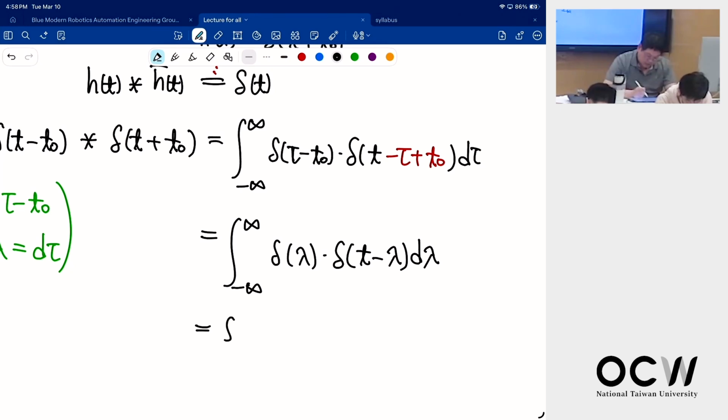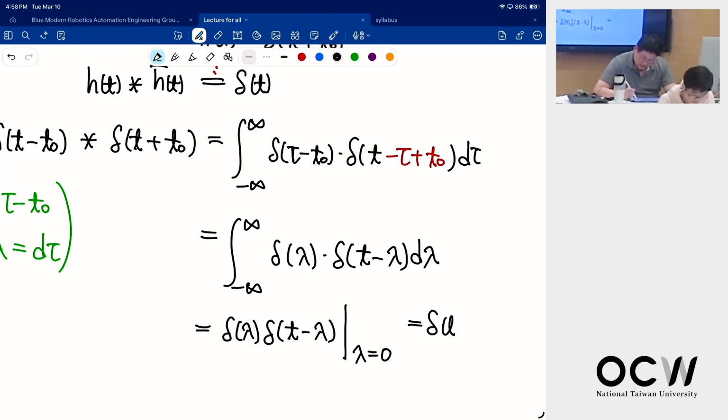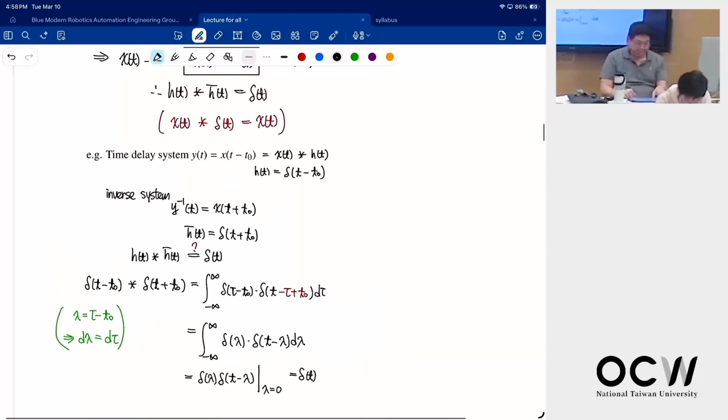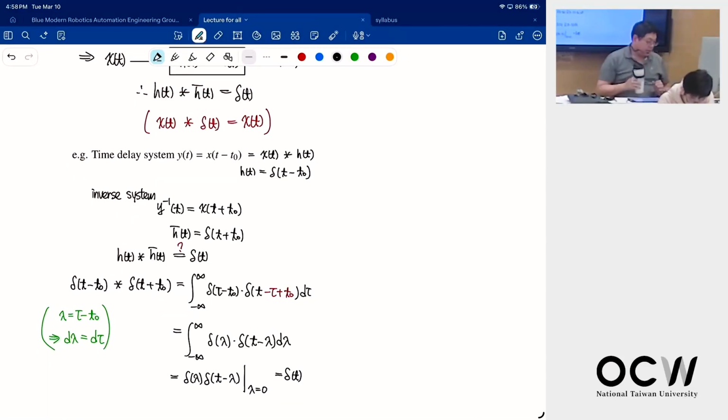So this is delta lambda and delta t minus lambda when lambda equals 0. So this is just the unit impulse. This system is invertible. Any questions?